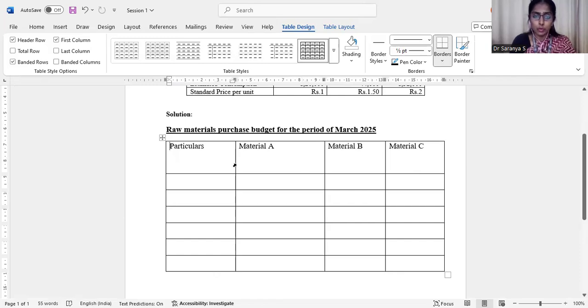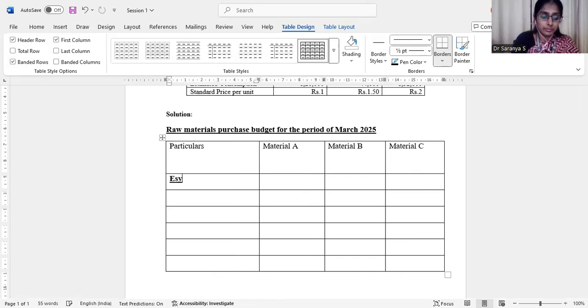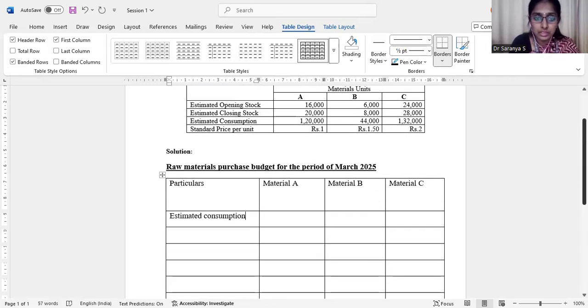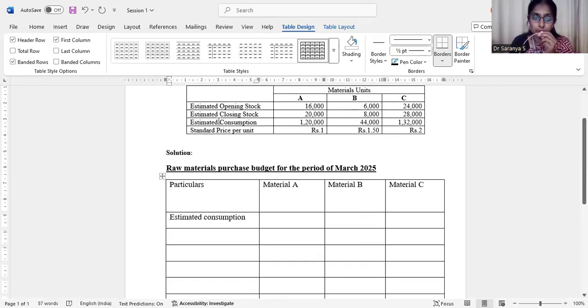So the formula also, and always we will start with estimated consumption. Estimated consumption is given in the question, in the third line. So I'm just highlighting it.